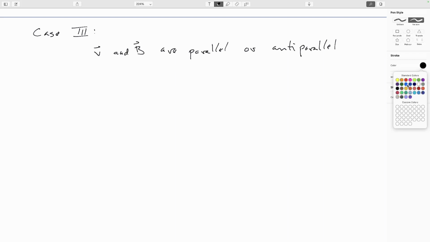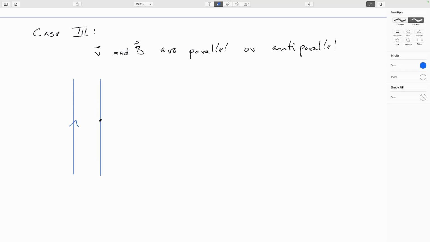So in the case we could be thinking about here, let's say I have a magnetic field that is pointing up, like so. And I have some charged particle, and I'm not going to fuss about the sign here at the moment.